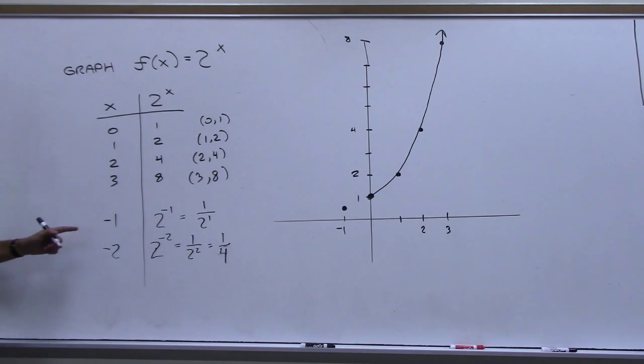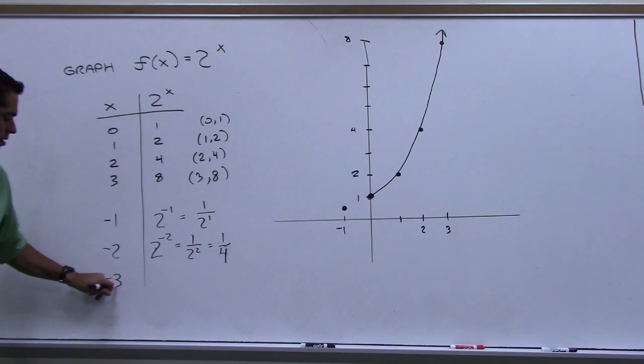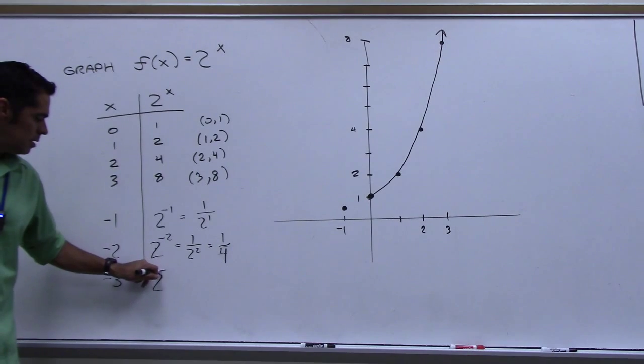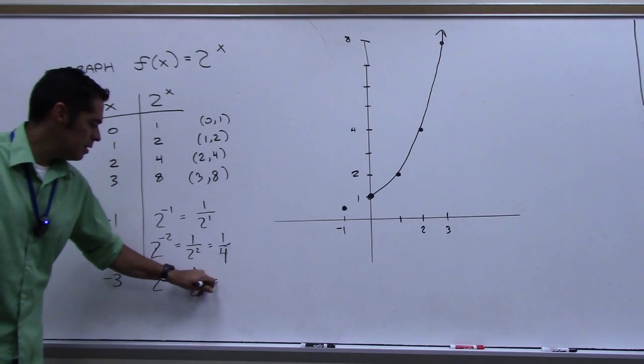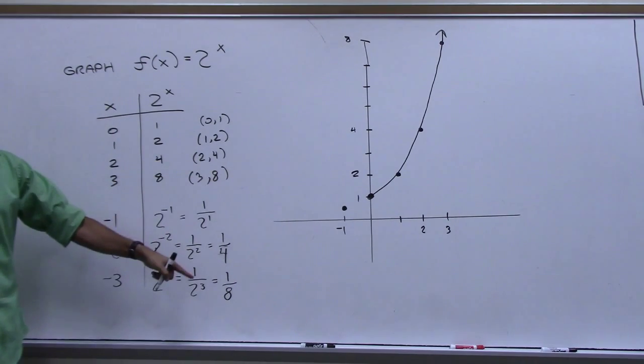The next one would be 2 to the -3, which would be 0.125. So that's 1/8. I'll let you check it yourself. I'll write it. 2 to the -3 is 1 over 2 to the +3, which is 1 over 8. Isn't it just all of these numbers but 1 over it?